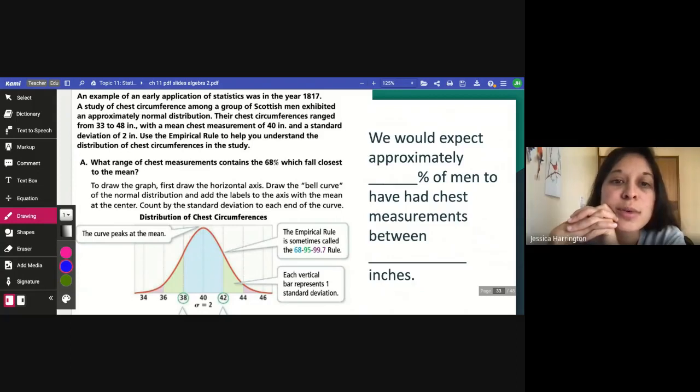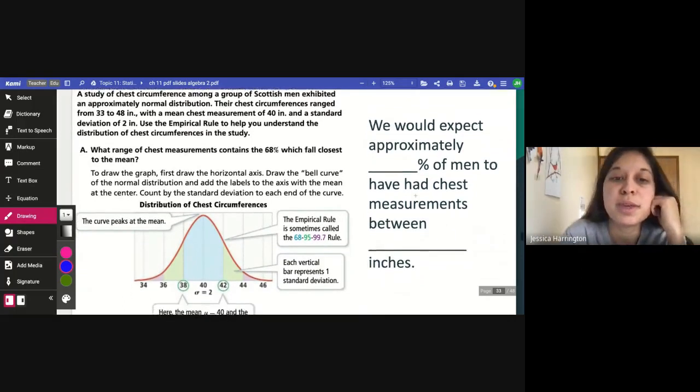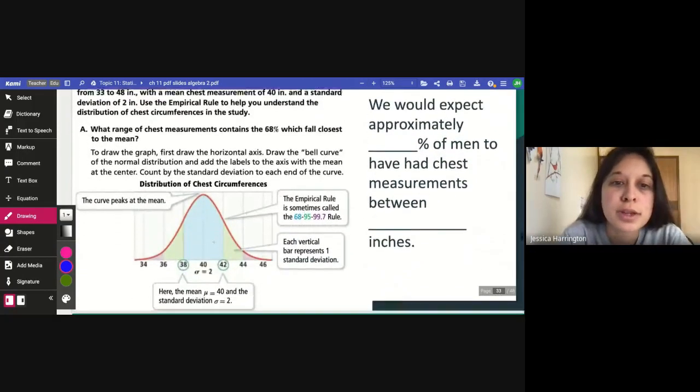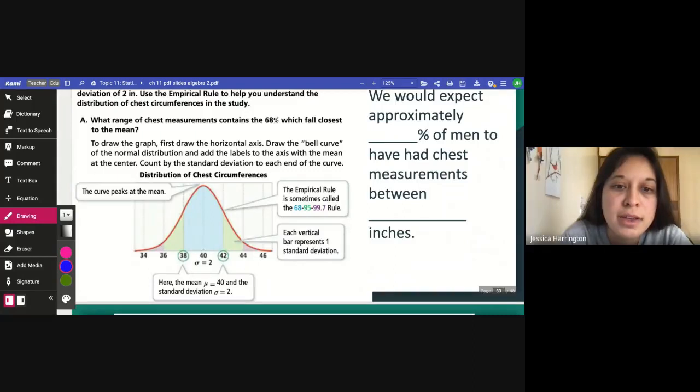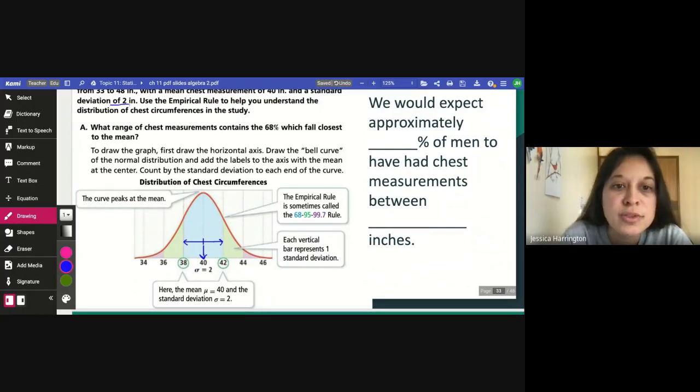First, it asks us which chest measurements contain 68% of the data. Well, we know the mean. They told us the mean is 40, right? So this value, the mean, the middle is 40. And we know within one standard deviation, plus or minus 1 of the mean, we go to the left or the right, one standard deviation, we have 68% of the data. So the standard deviation was 2.